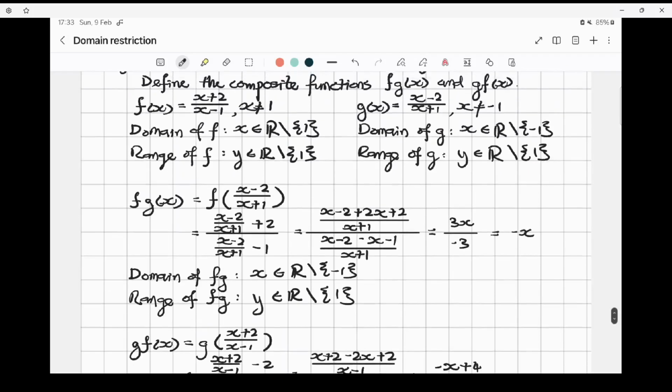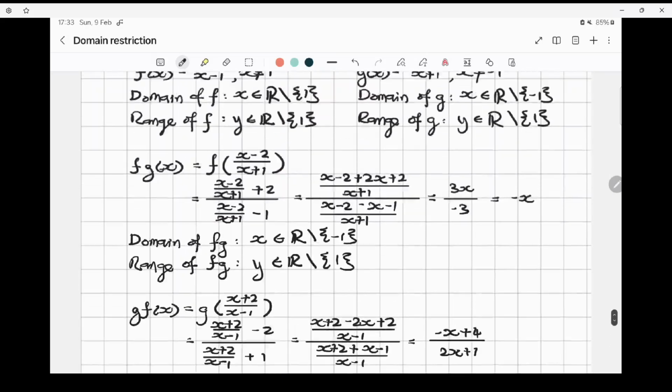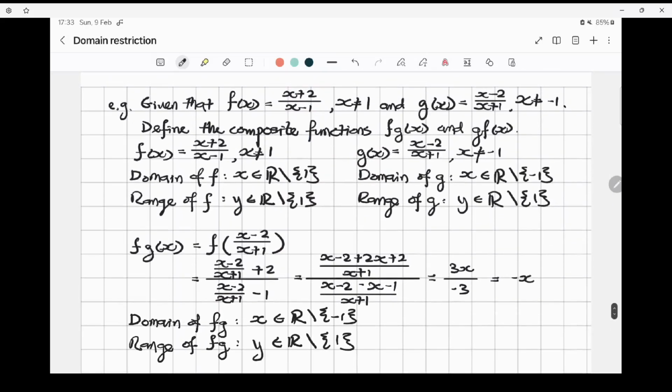So in this case, you actually need to find what is the value of x when f is minus 1, because you need to avoid this point, so that the range of f is at least a subset of or equal to the domain of g.